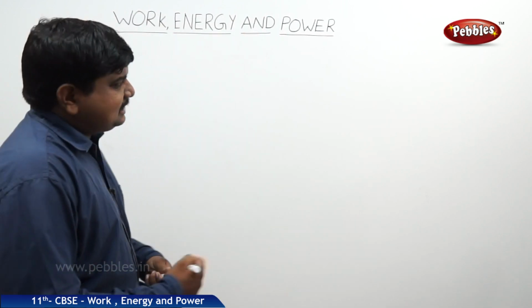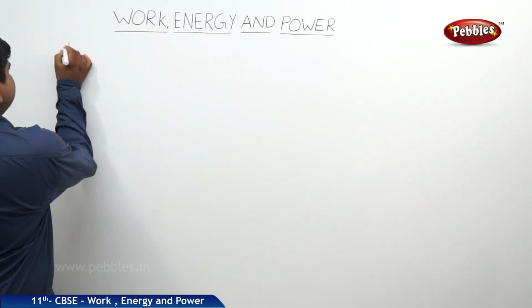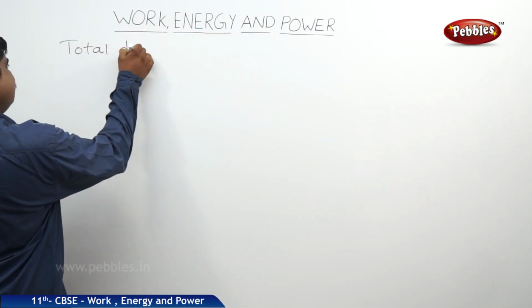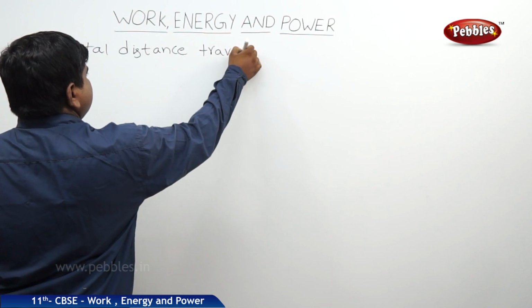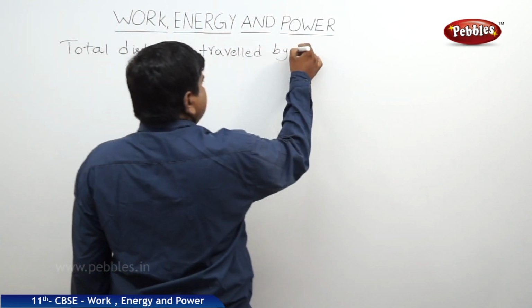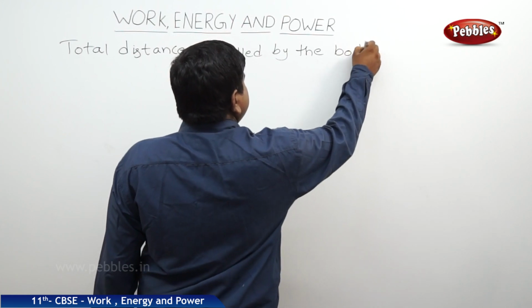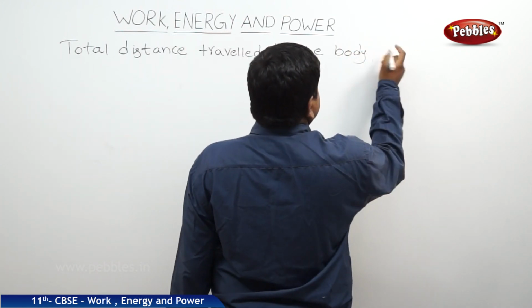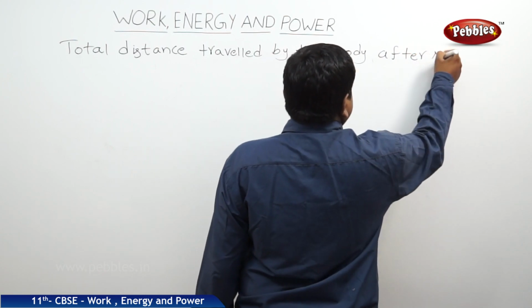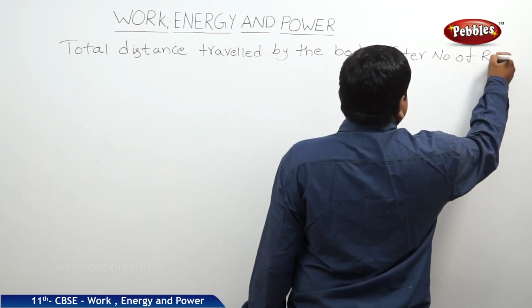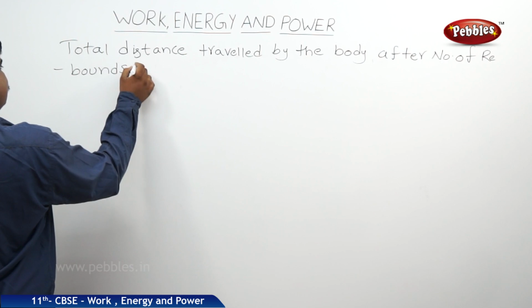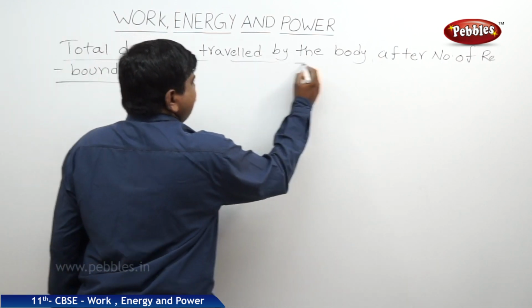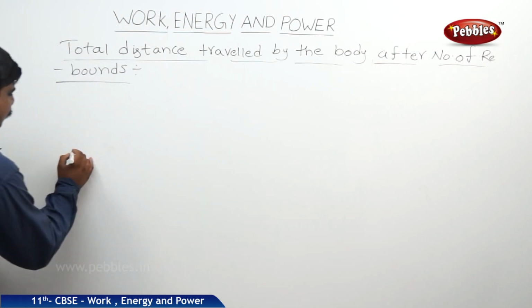Next concept we will see is the total distance traveled by the body after a number of rebounds. What we can understand from this concept is, there is a floor.